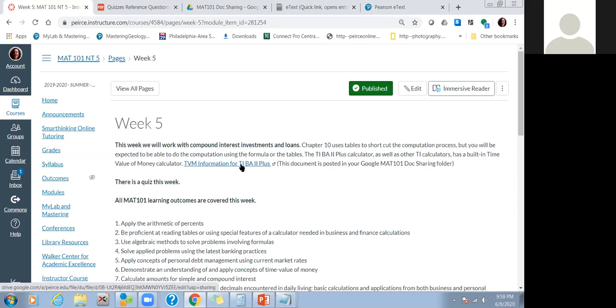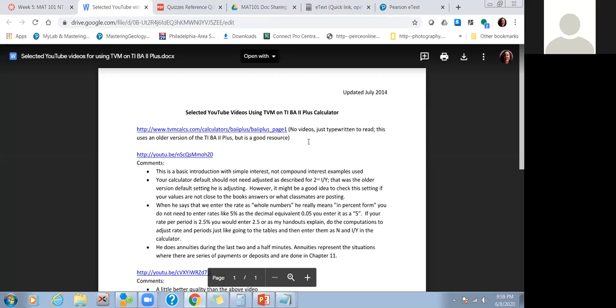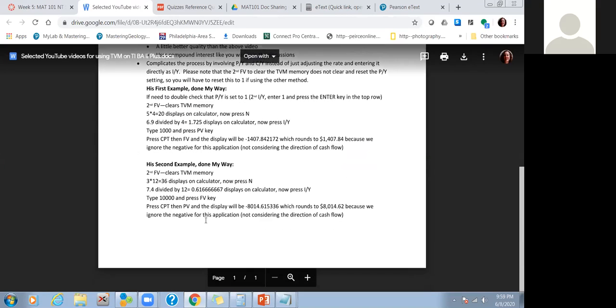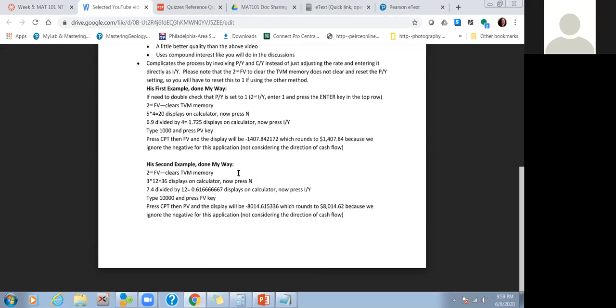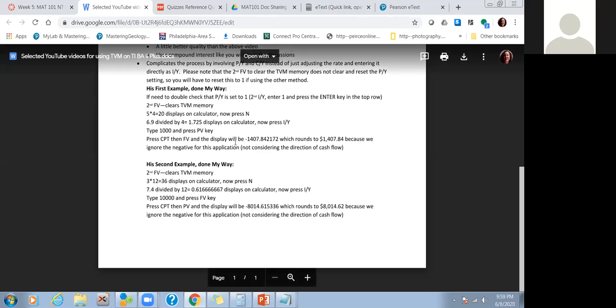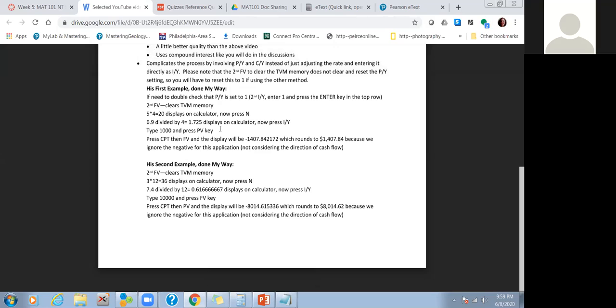If you want to go through this document, if you bought the Texas Instruments BA II Plus calculator or had it from a different class, then this gives you a list of links for how to use that time value of money feature and a little bit of explanation. There's more than one way to correctly get it to compute these problems. You can also use it to compute the annuities in chapter 11. So this is some support for you if you're doing the time value of money keys on the calculator.